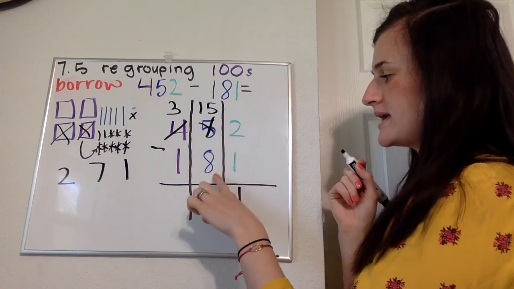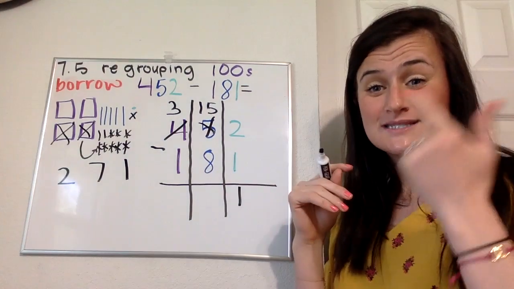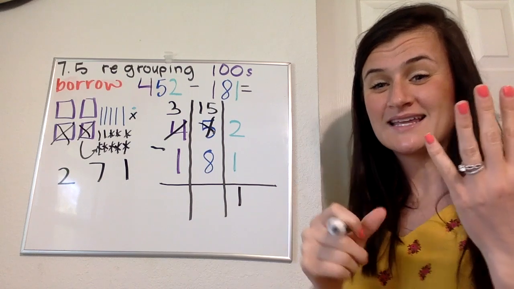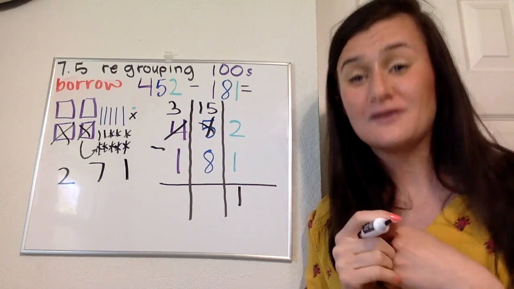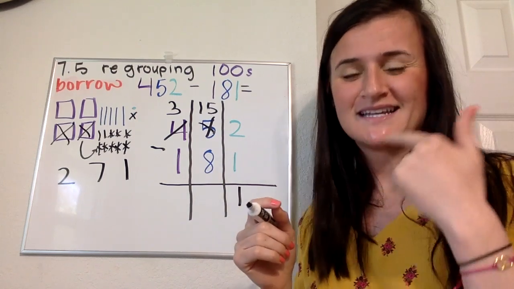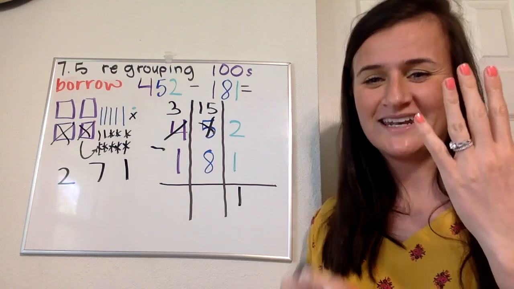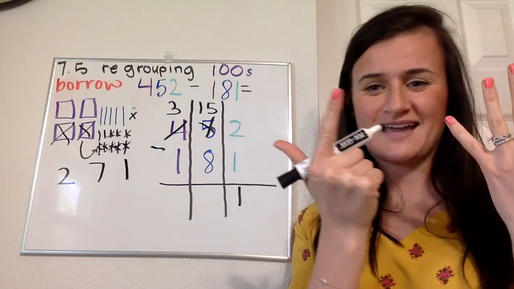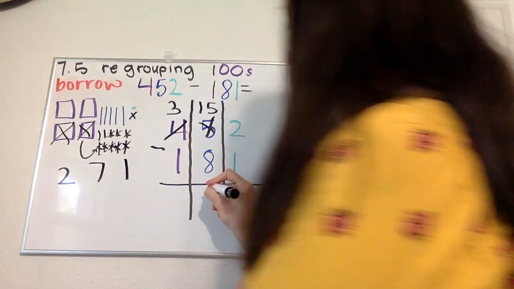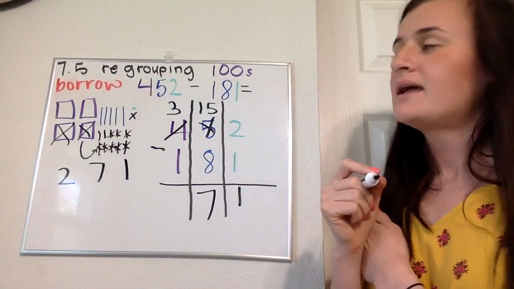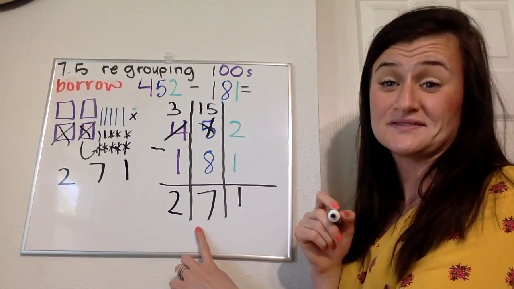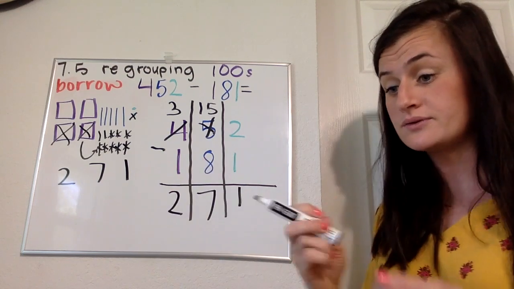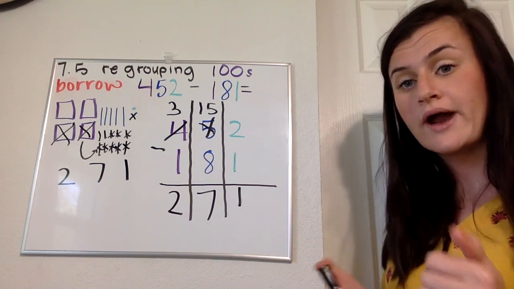So 15 take away 8: 15, 14, 13, 12, 11, 10, 9, 8, 7. 7 tens left over, and 3 take away 1 equals 2. Still getting 271.